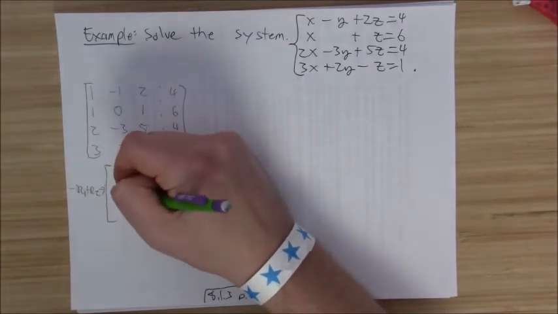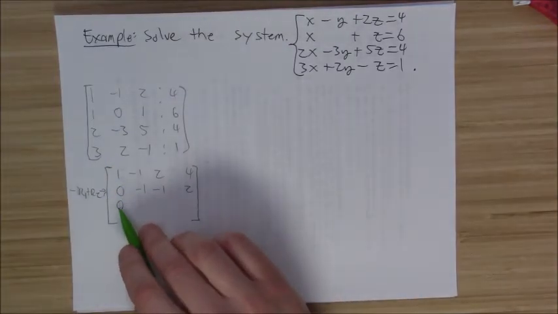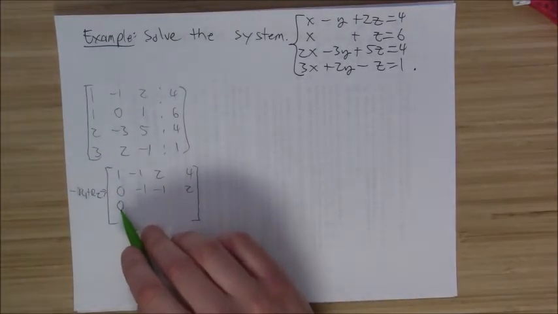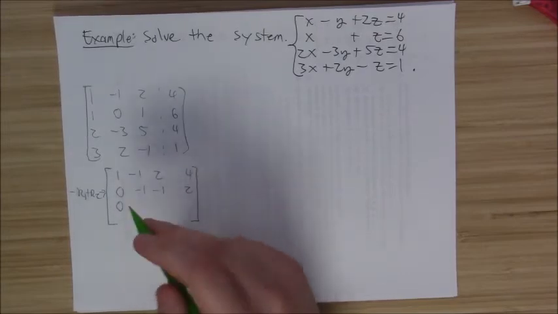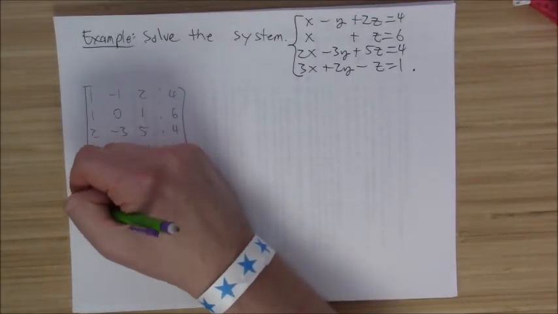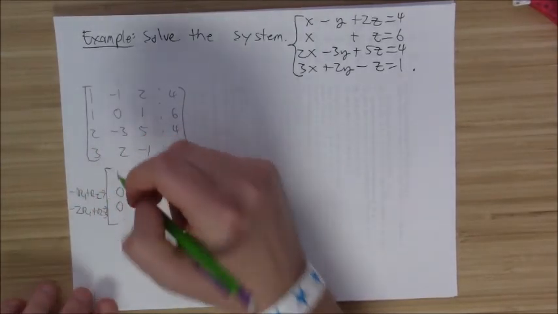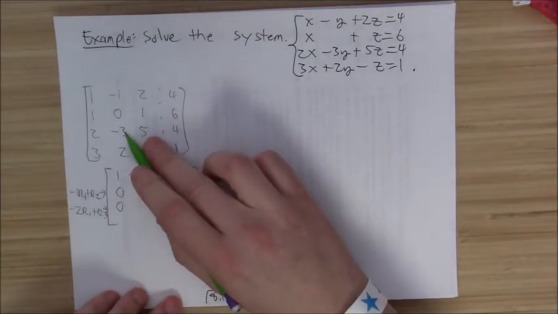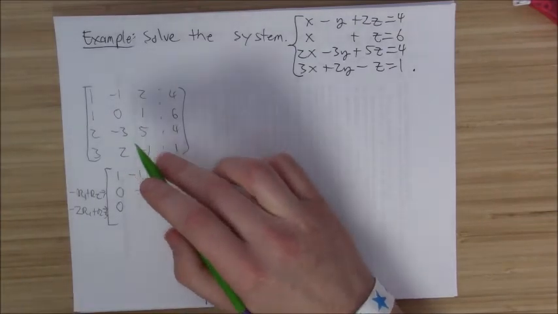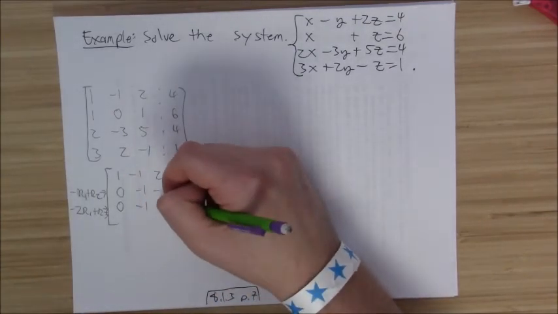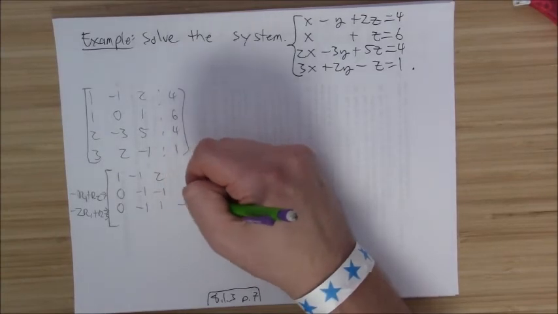We also want to make the first entry in the third row 0. To do that, we would need to take negative 2 times row 1 plus row 3. Doing so would give us 0, then a negative 1, and then a 1, and then a negative 4.